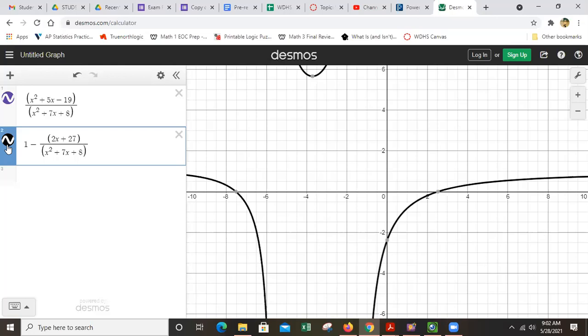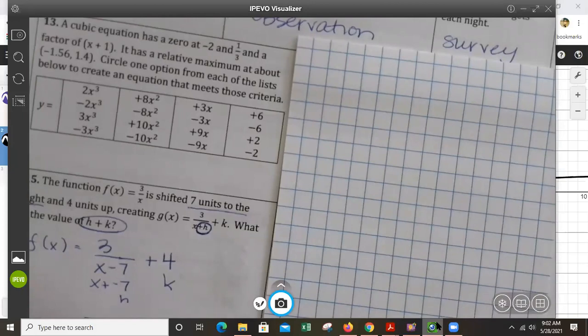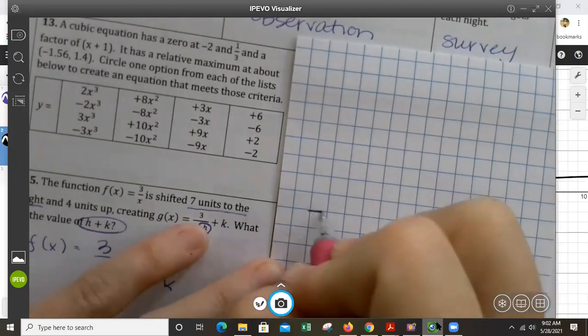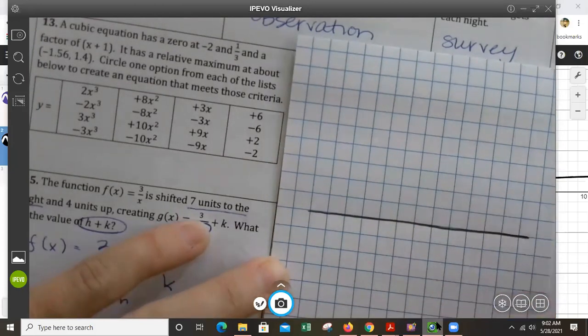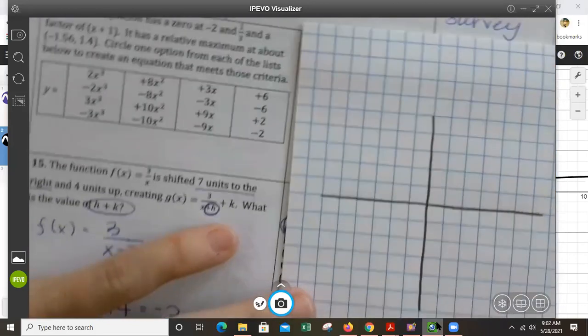All right. So let's look at 13 real quick. And I'm actually going to do 13 on paper so you can see it. I hope I drew this right. So we'll see.